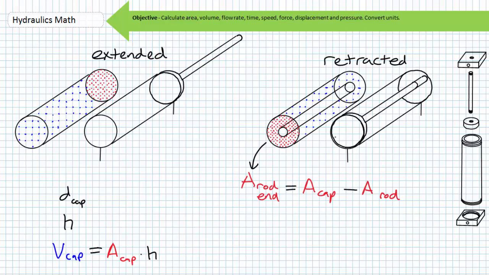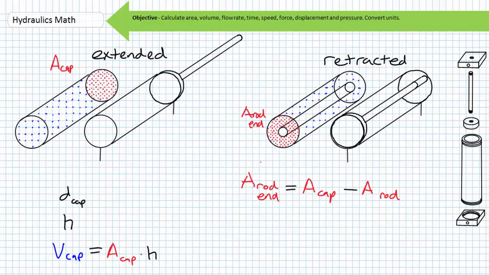It can be said, therefore, that the area of the rod end, the ring, has an area of the cap end, the big circle, minus that of the area of the rod, the small circle in the center. The area of the rod end equals the area of the cap end minus the area of the rod.